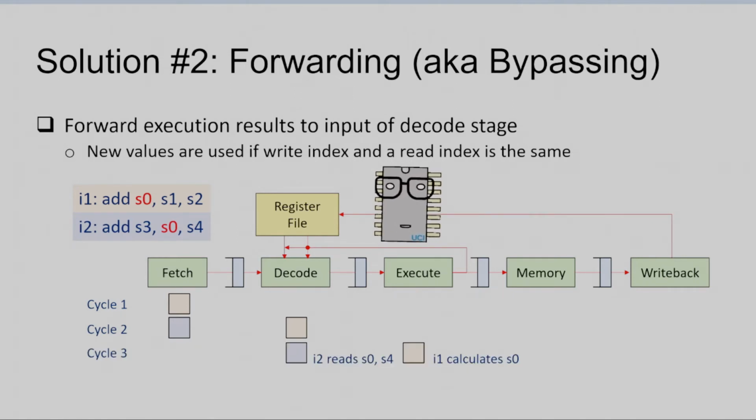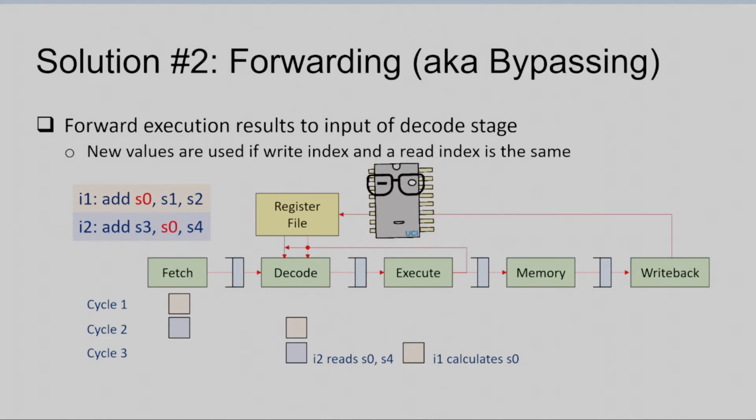At cycle 3, instruction 1 calculates the results of S0, whichever value it is, along with the fact that instruction 1 wants to eventually write to S0. So these 2 pieces of data, S0 and the add results, are forwarded to the input of the decode stage.